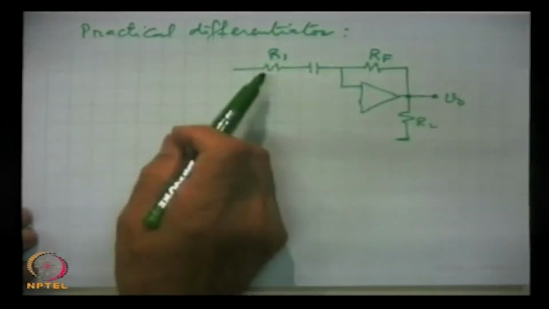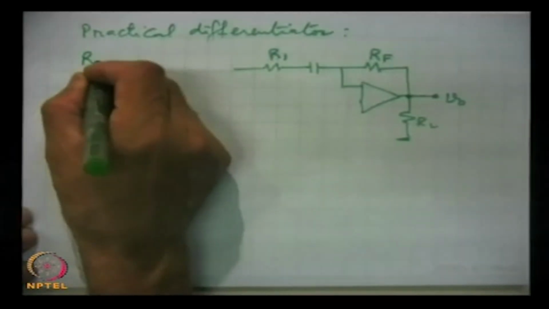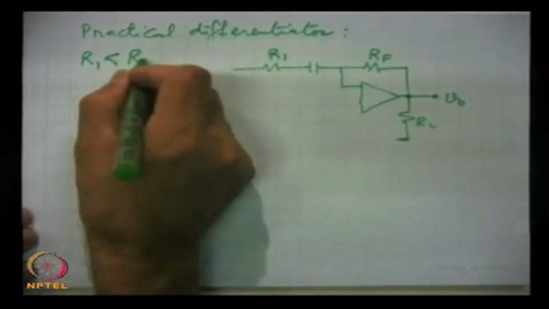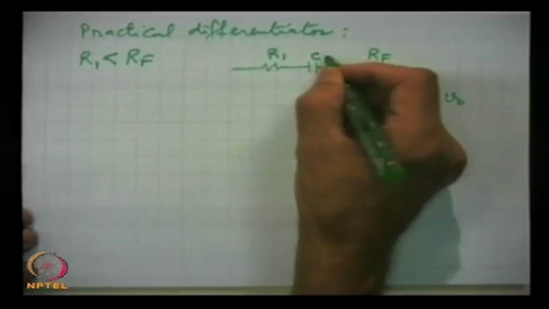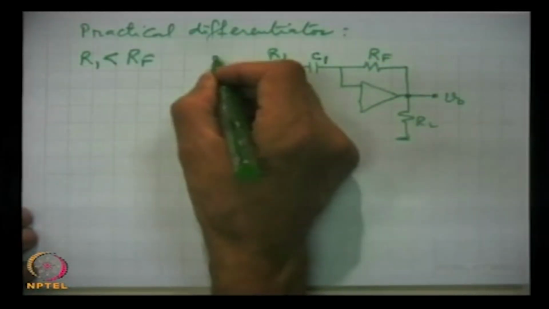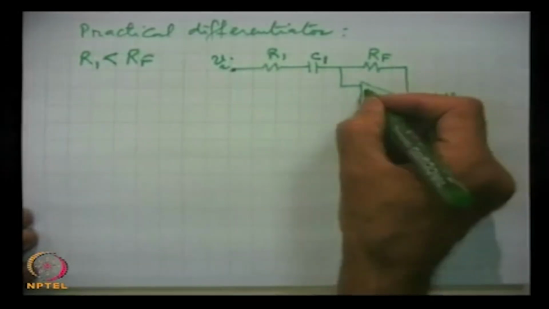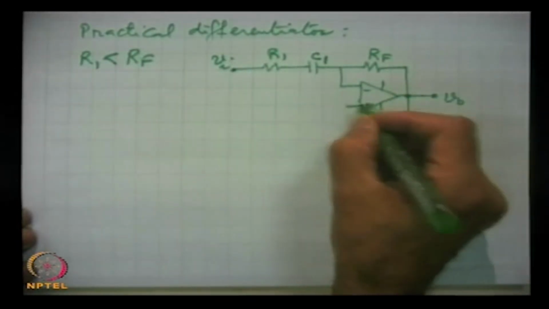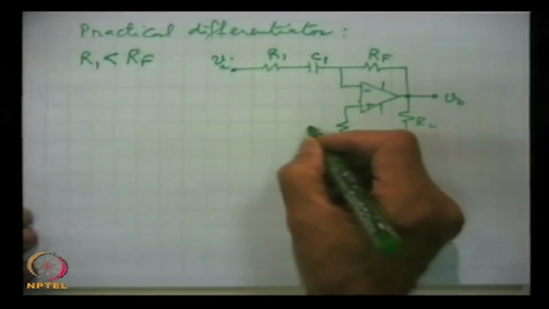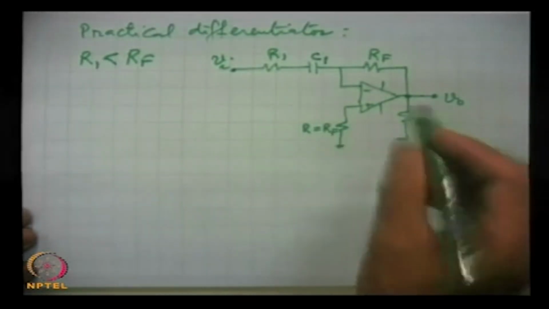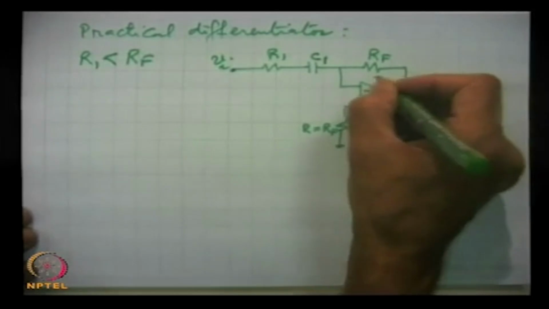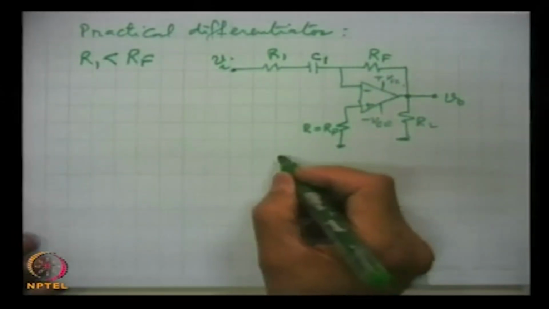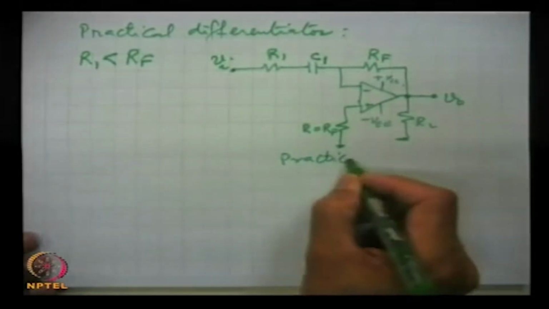This is RF, this is the resistance R1 which we have attached, and R1 is quite small as compared to RF, and this is C1, and here we attach the input signal. This resistance is equal to Rf, and these are the supplies. This is a practical differentiator.